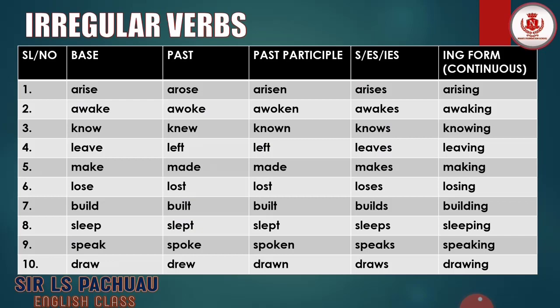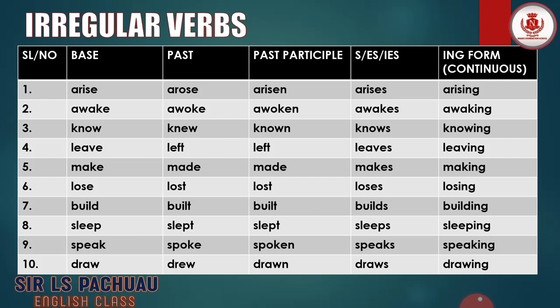In the past tense or the second form of the verb, we conjugate it into arose. In the third form or past participle we have arisen, in the fourth form arises, and in the fifth, the ing form or continuous form, arising.